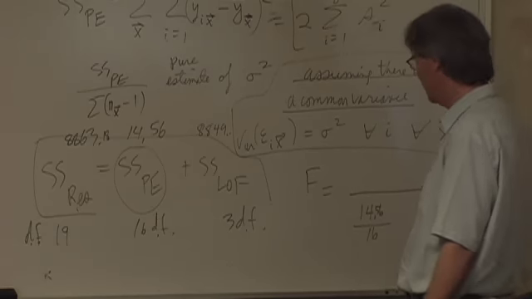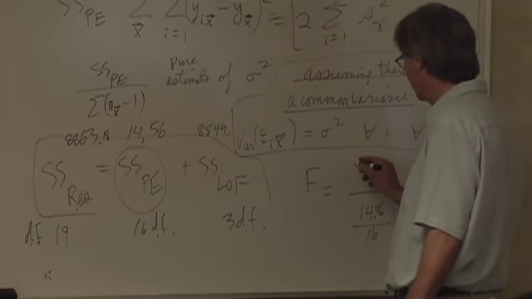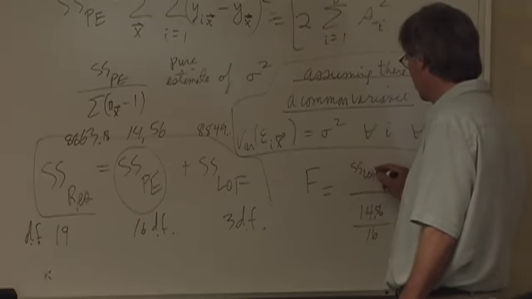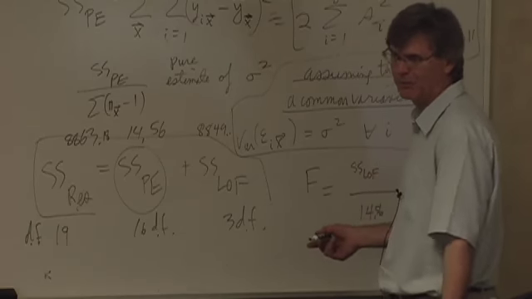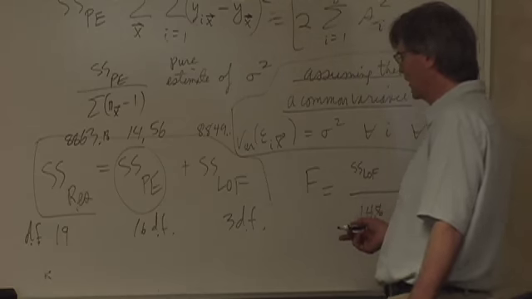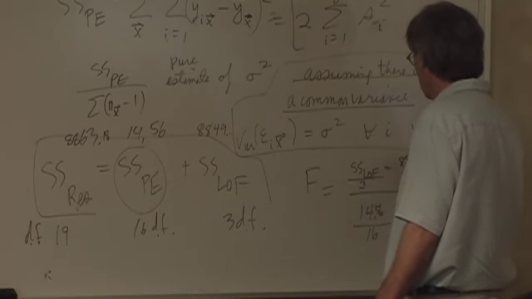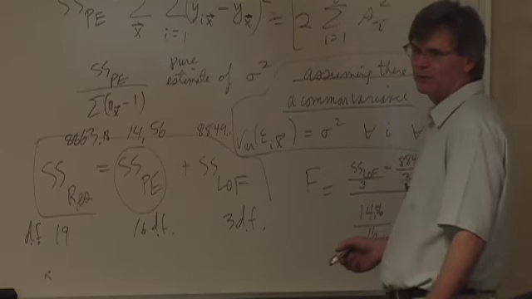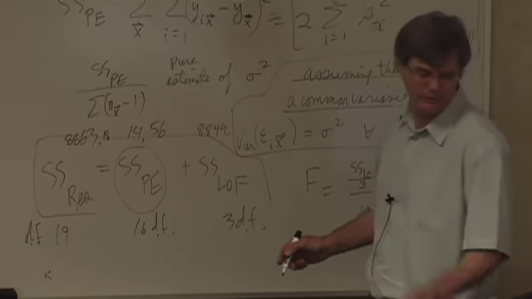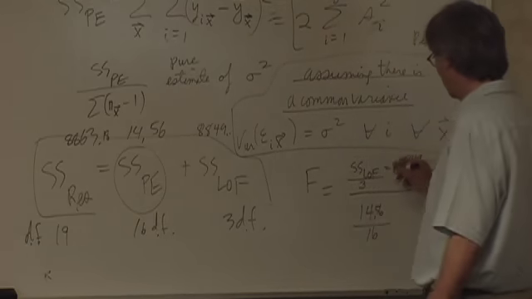Whereas the SSLOF estimate of variance, after we divide by its degrees of freedom, can be biased if the model doesn't fit. That's the whole point. So that's in the numerator.